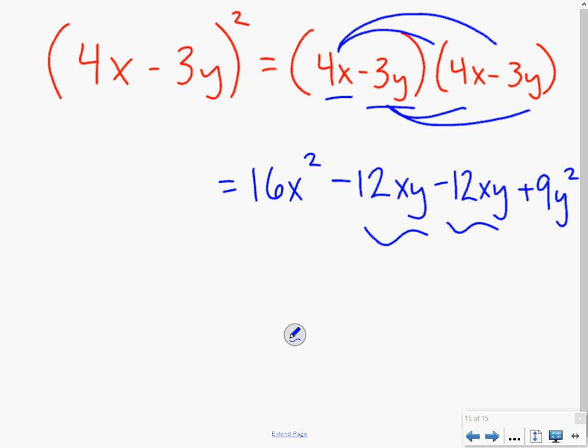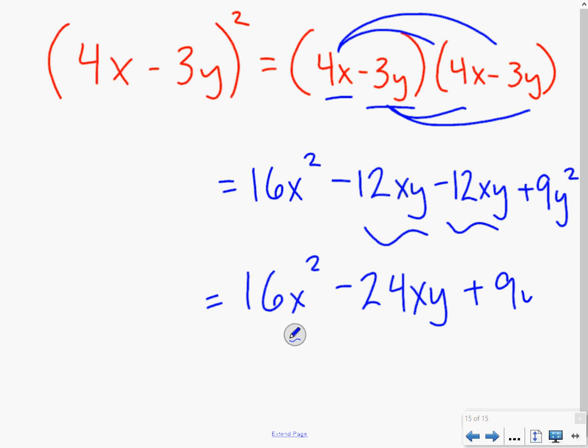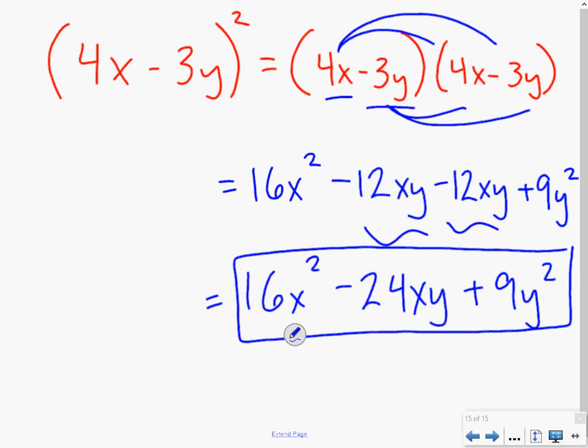My middle terms combine, we would get 16x squared minus 24xy plus 9y squared. Okay. So that's a special type of multiplication with binomials.